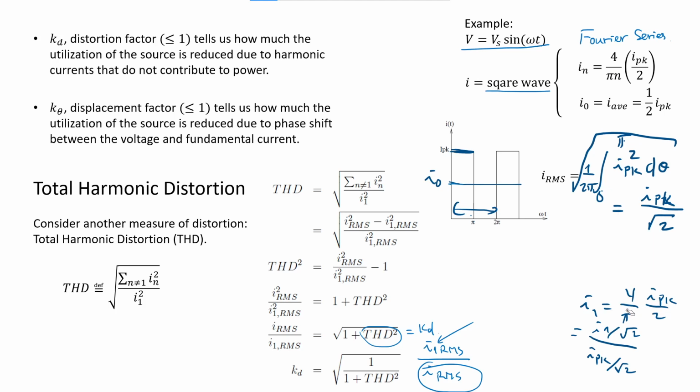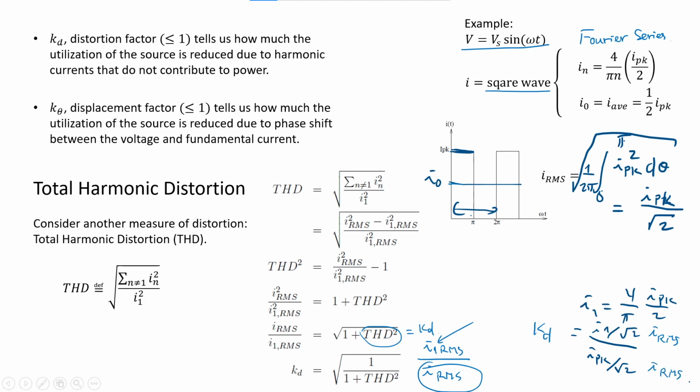And I1 root mean square is just I1 over square root of 2. Then finally KD equals I1 over square root of 2, which is I1 root mean square, over I root mean square.